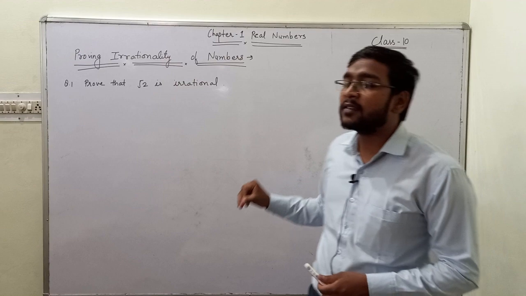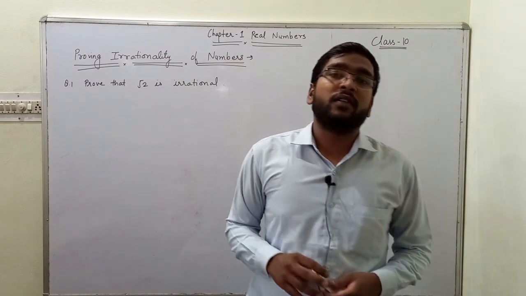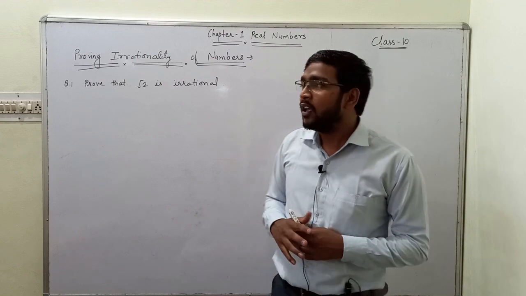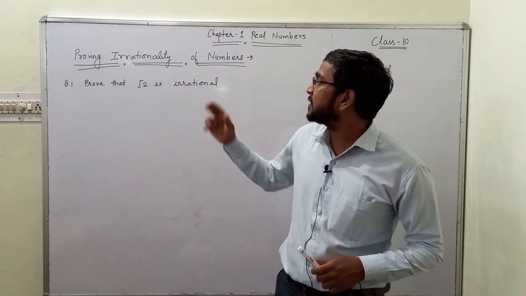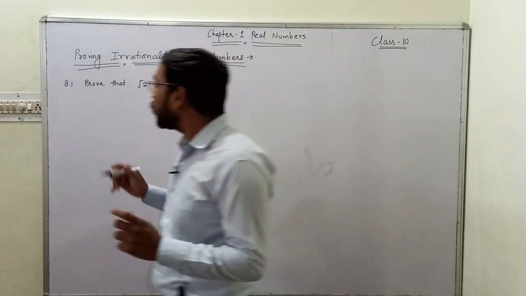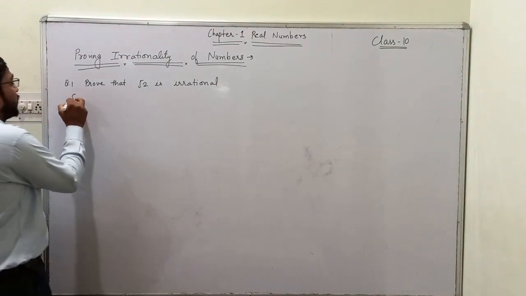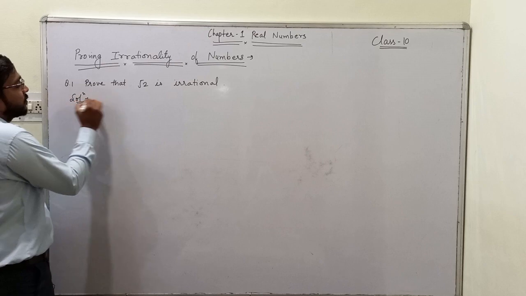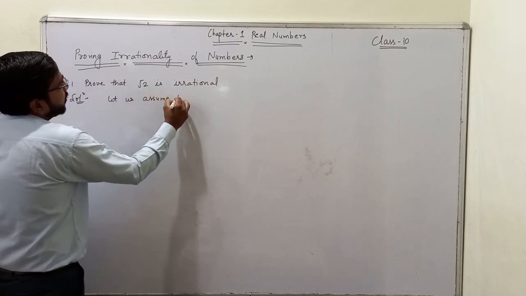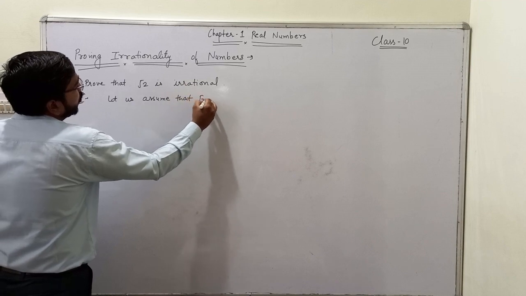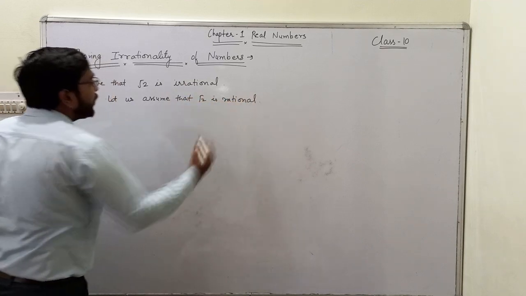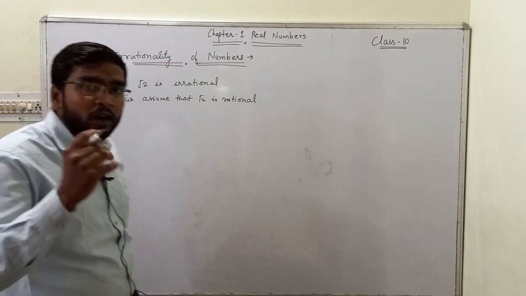We will solve this by the method of contradiction. What does contradiction mean? First of all, we will accept the given statement. Let us assume that root 2 is rational. If root 2 is rational, what does it mean?